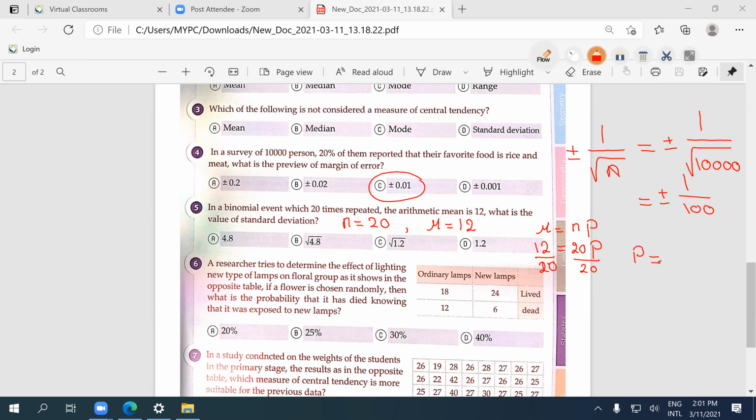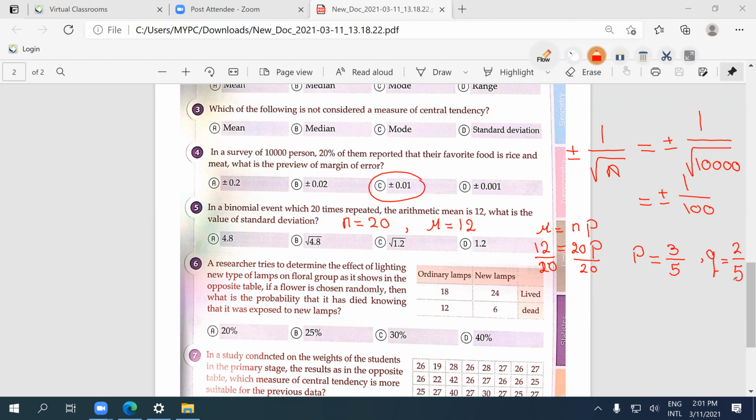If you divide by 4, you get 3 over 5. So the probability of failure, which is called q, is 2 over 5.